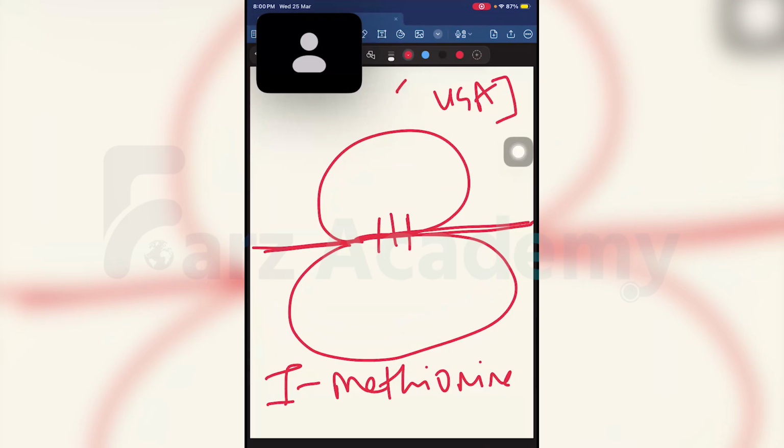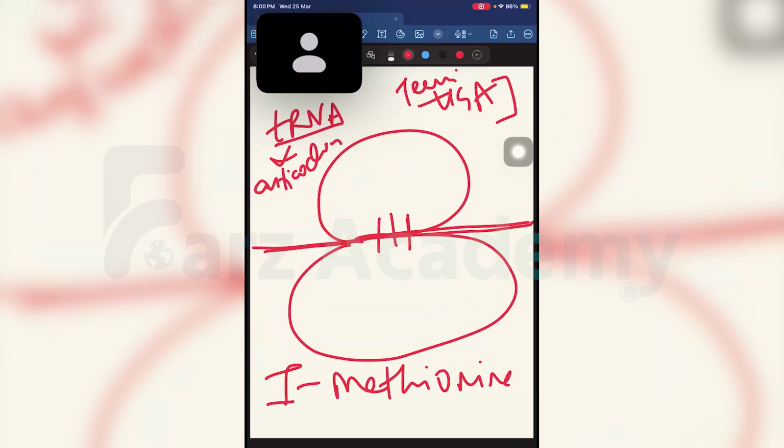This tells you that the process of termination has to occur in translation. And what was bringing the amino acid? The tRNA was bringing the amino acid, and the tRNA had something called the anticodon. So this AUG was recognized by the tRNA anticodon containing methionine, which would come here, right?